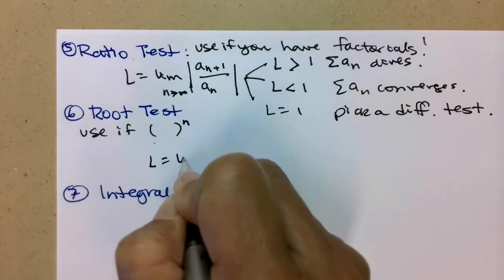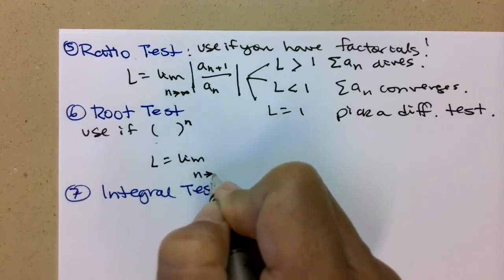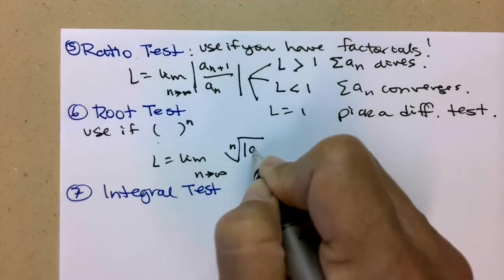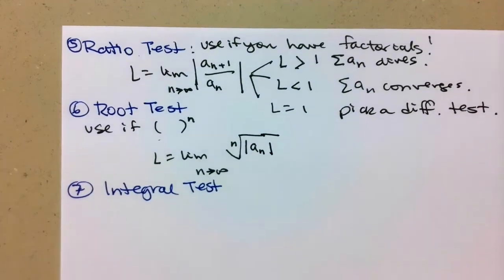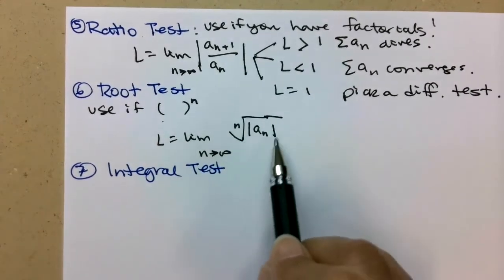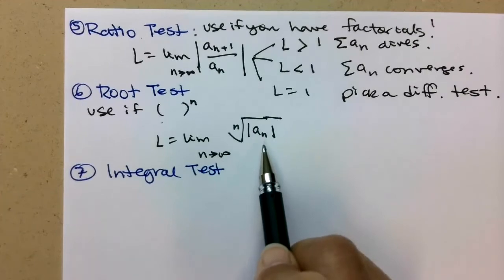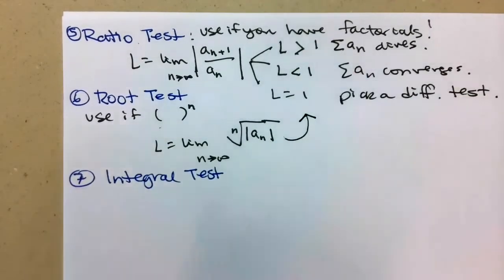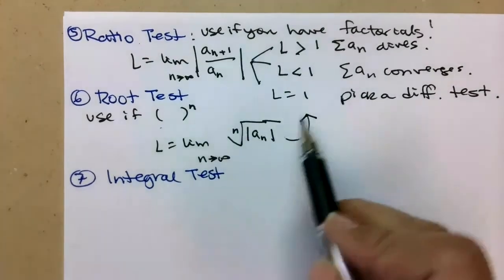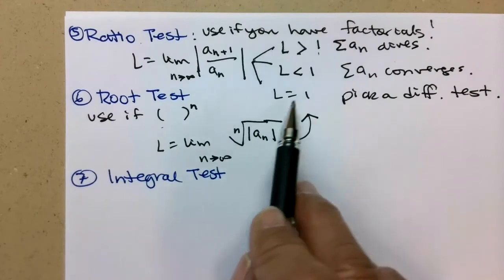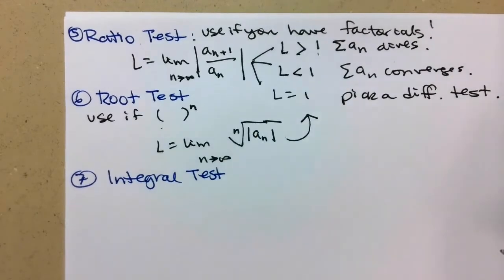So L equals the limit as n gets big, if we take the nth root, and we'll put it in absolute values just so we don't have to run into weird things. Nth root of the absolute value of that generic term. And then same situation as the ratio test. L is bigger than 1, it diverges, less than 1 converges, and equals 1, pick a new test.